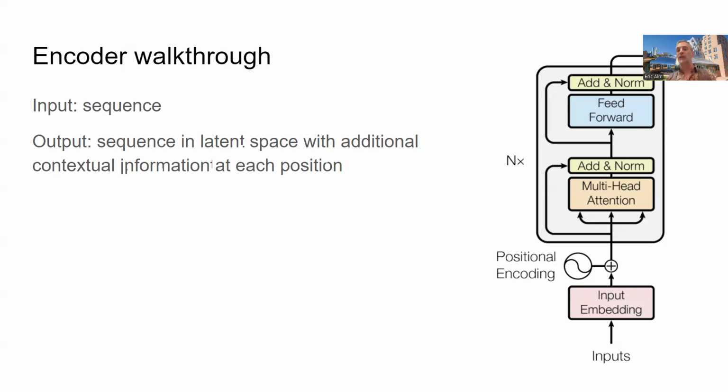And then we're going to take that and perform this operation that we'll call attention. We'll get some new vector out, and then we're going to add it back to the first one. This is called a residual connection, where we just add the original value back, and we'll talk about that later too.